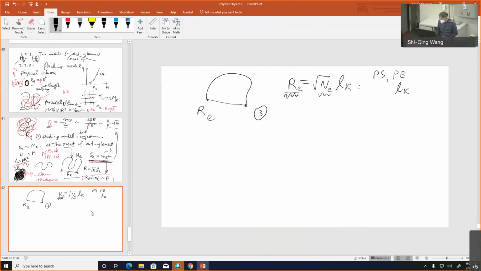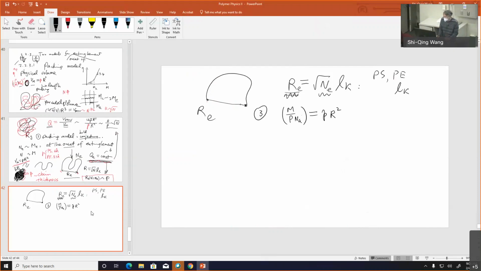So let's examine that consequence. If you go back to our expression, this is the physical volume, it is p R squared.